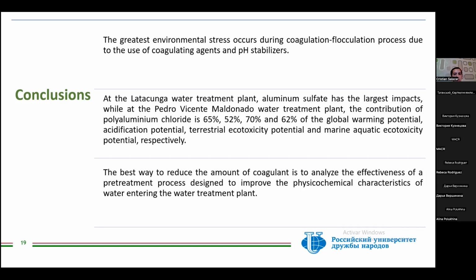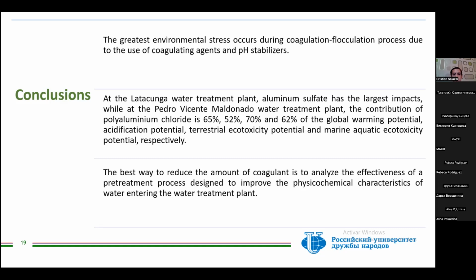At the Latacunga water treatment plant, aluminum sulfate has the largest environmental impacts, while at the Pedro Vicente Maldonado water treatment plant, the contribution of PAC is 65%, 52%, 60%, and 62% of the total global warming potential, acidification potential, terrestrial ecotoxicity potential, and marine aquatic ecotoxicity potential, respectively.